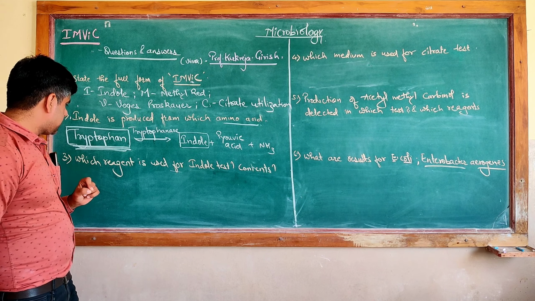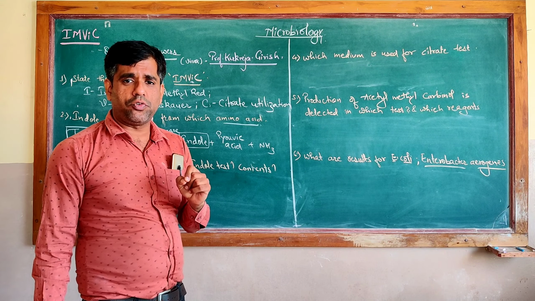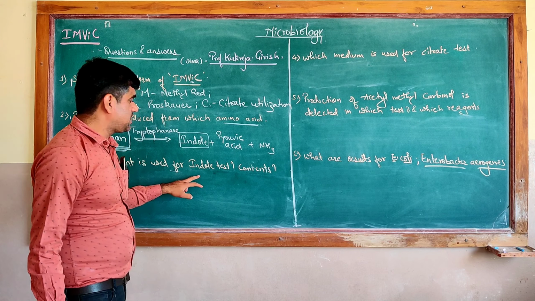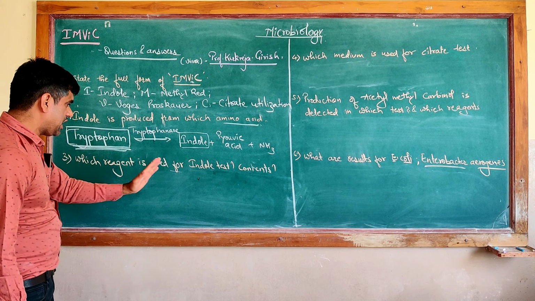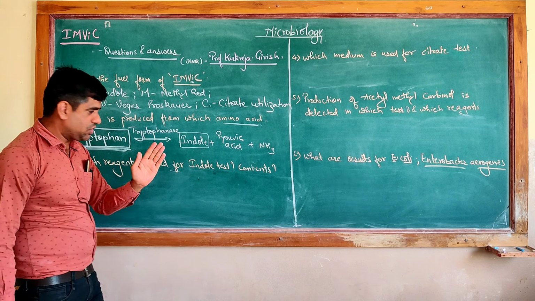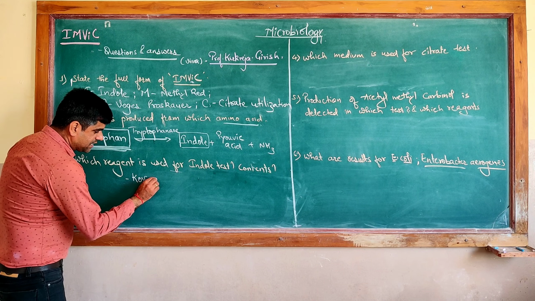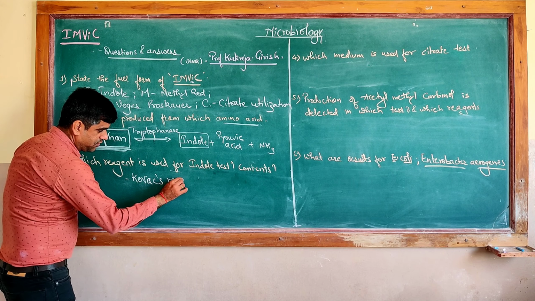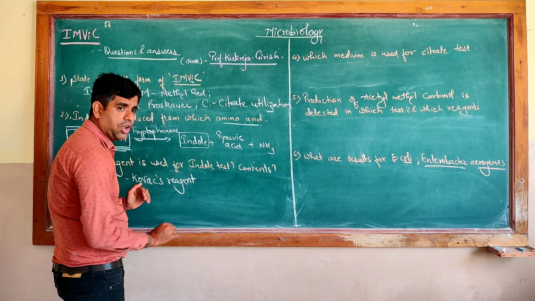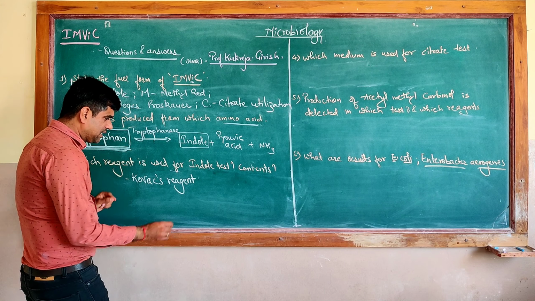The third one says: which reagent is used for detecting the production of indole, and what are its contents? So here the reagent used is Kovac's reagent. And what are its contents?